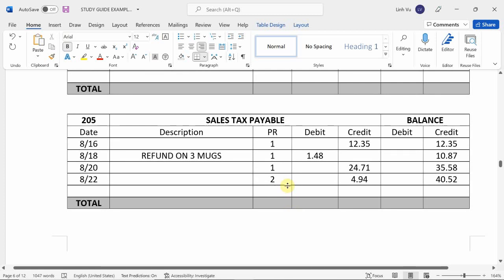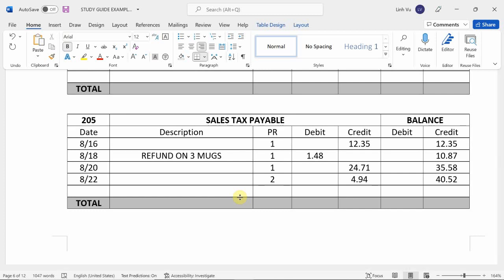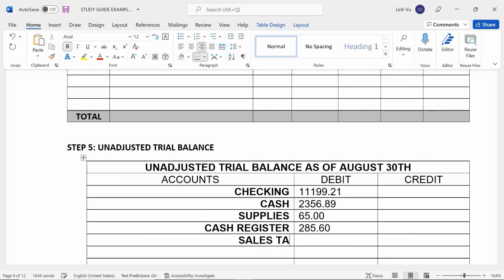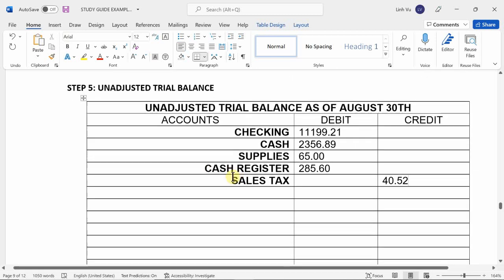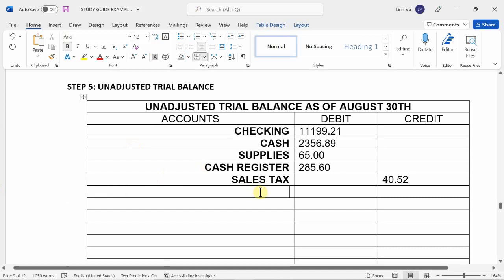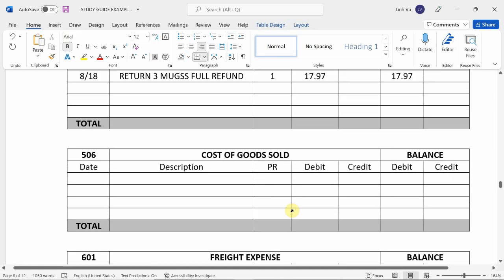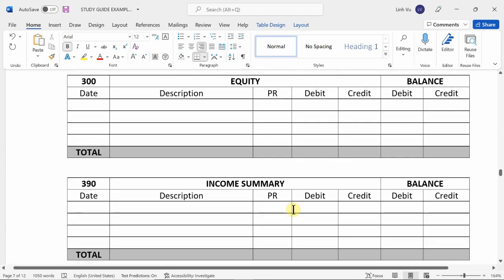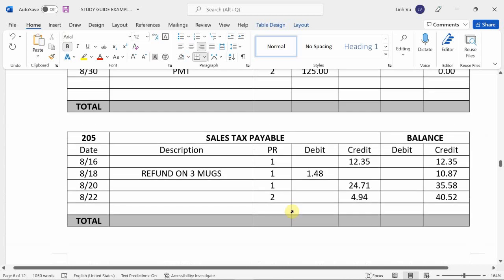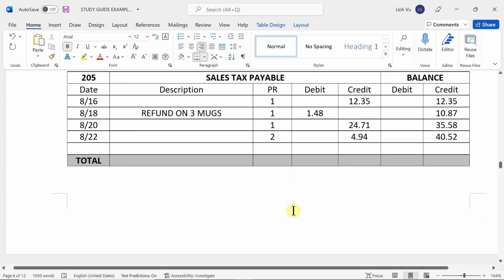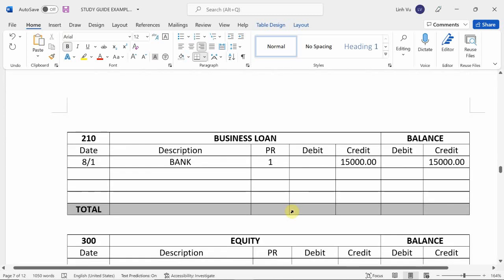Sales tax, I have a total of $40.52 in my sales tax payable. Next under that is my business loan for $15,000.